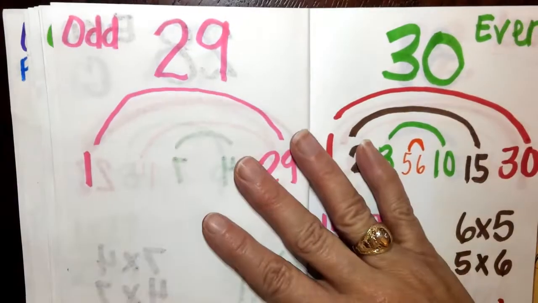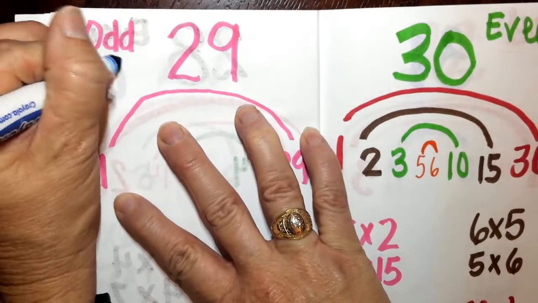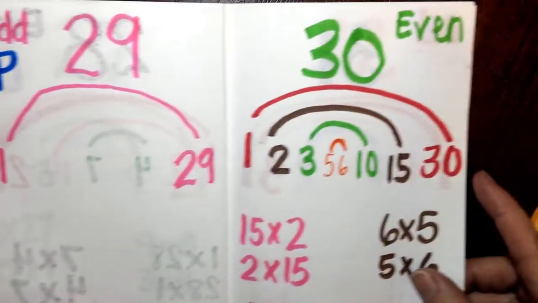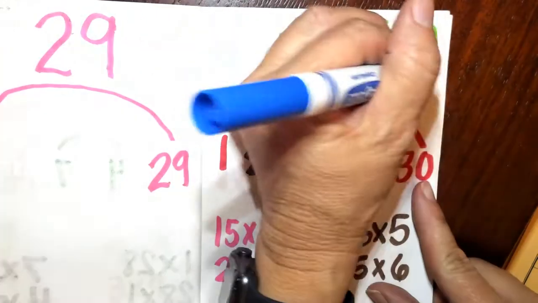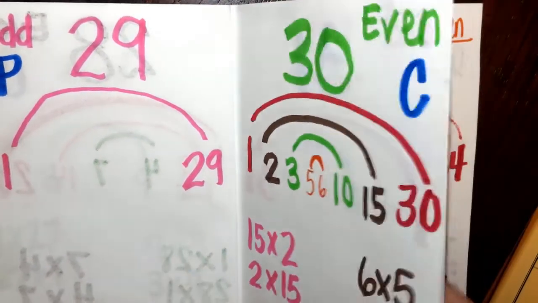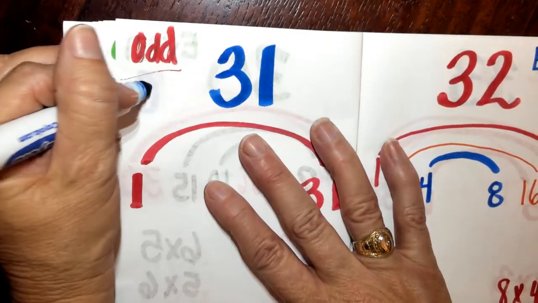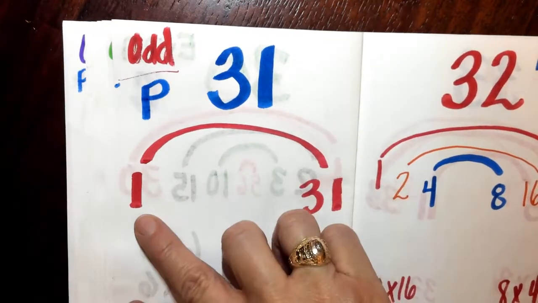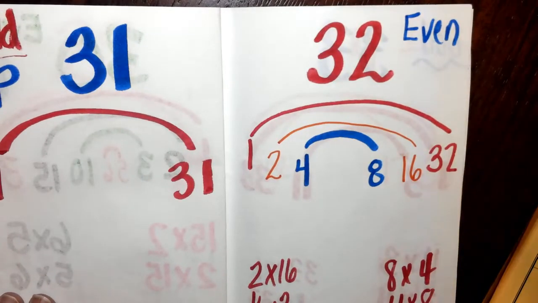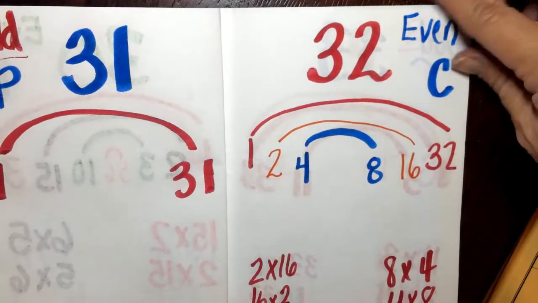The number 29, only two factors, so we know this one is going to be prime. The number 30 is even, so it's composite. The number 31 is prime. Only two factors, 1 and 31. The number 32 has many factors and it's even, so it's composite.